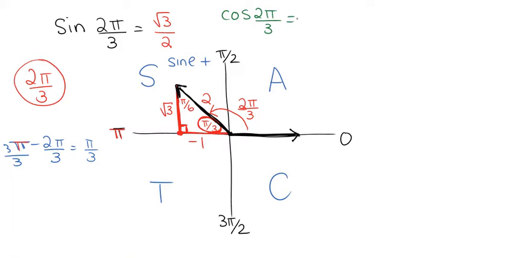Cos of 2 pi over 3 would be adjacent, so -1/2. And the tan of 2 pi over 3 would be opposite over adjacent. So the opposite's √3, and the adjacent's -1. So that would just equal -√3. So you can see those two are negative, and the sine ratio is positive.